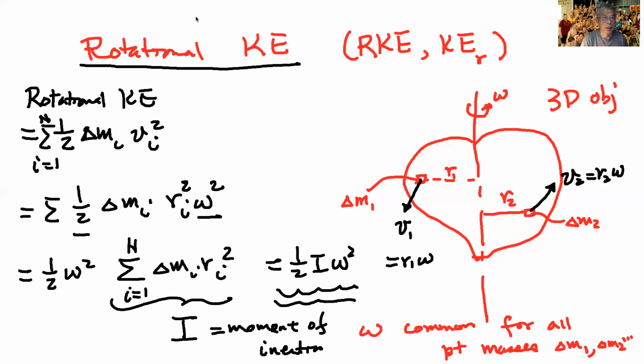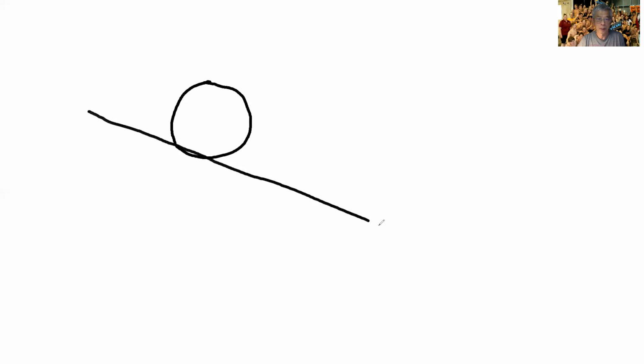All right, so now we're going to extend this and say that now it's not just a rotation. Let's say we have something that's turning, let's say down the slope, right? So then we know the center of mass is here, and the center of mass would have a velocity like V_CM, that's center of mass.